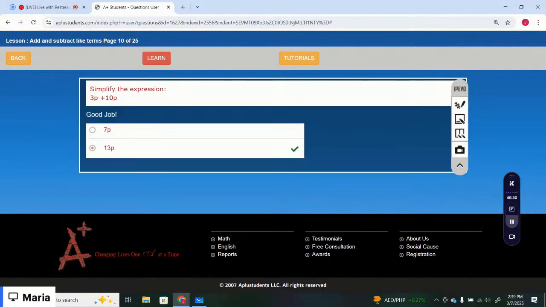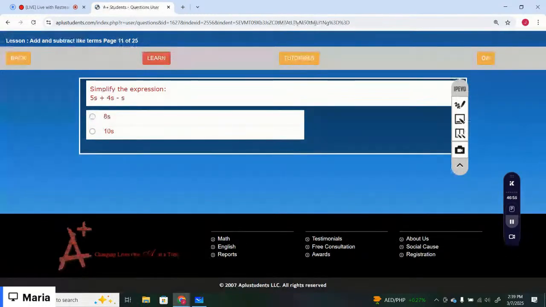Option number 2 is the correct option. 5s plus 4s is 9s, and 9s minus s is 8s.